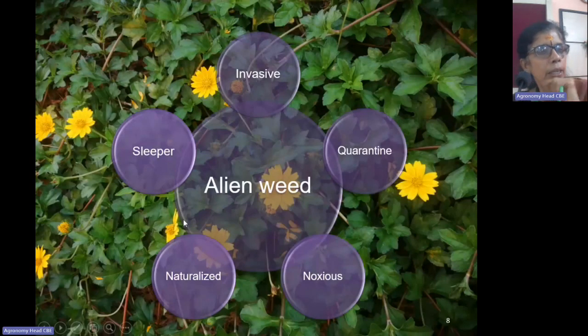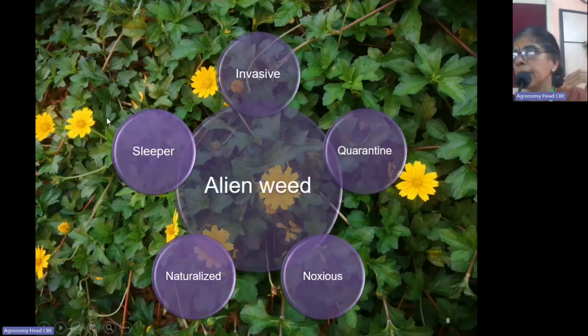These are some of the terminologies. In the case of alien weeds, some are invasive weeds, and some are designated as quarantine weeds, because we have quarantine stations where they check. For example, in a container, lots of wheat or some other food items will come.